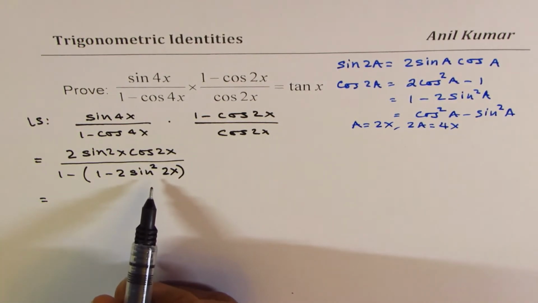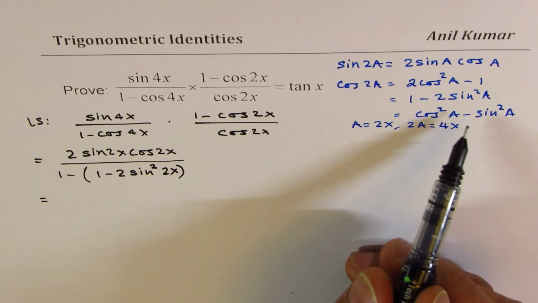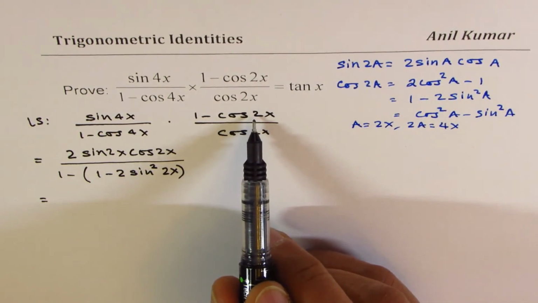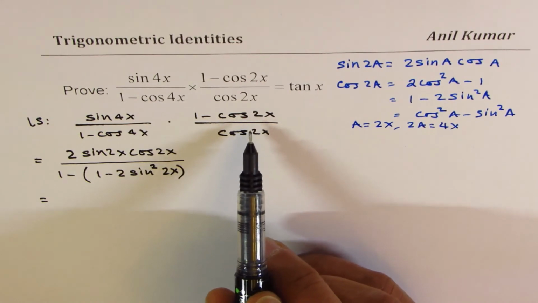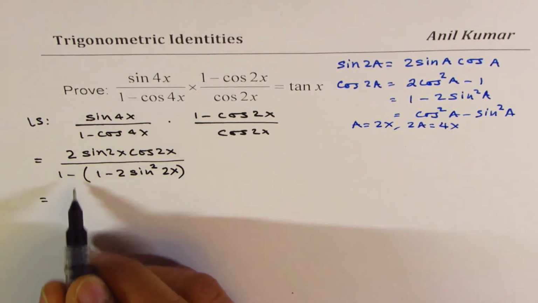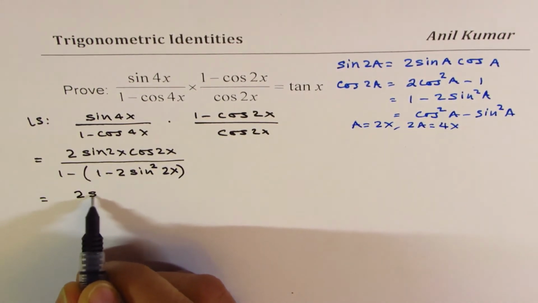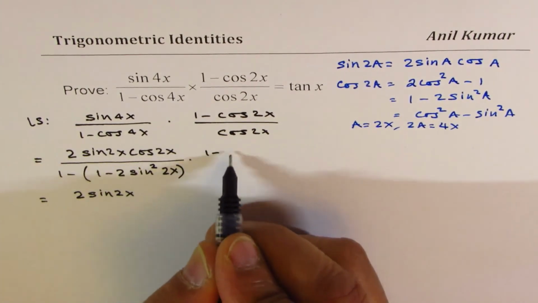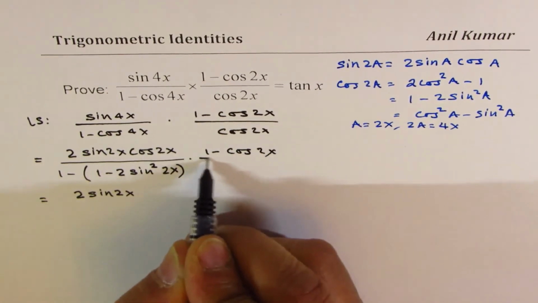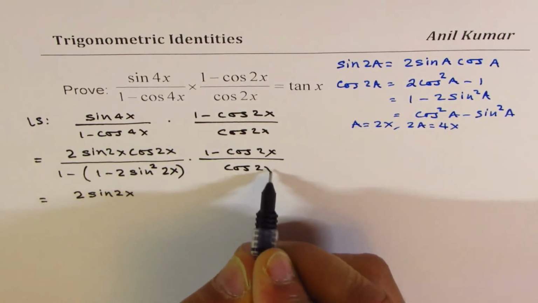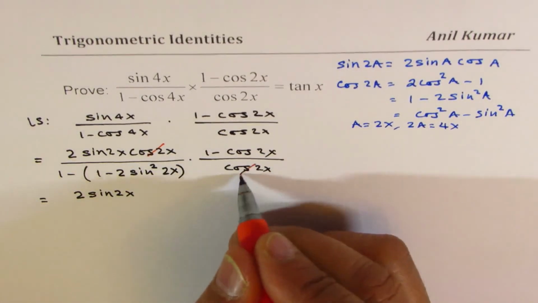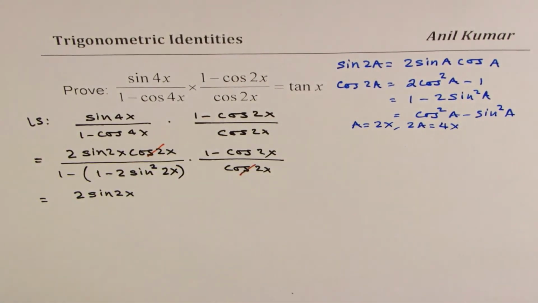The other thought could have been that I could have used 2 cos square a minus 1, cancelling out this numerator. Well, let's see. So what we get here is 2 sine 2x. Okay, let me complete this: 1 minus cos 2x over cos 2x. So we can simplify this term, cancelling these two for the time being.